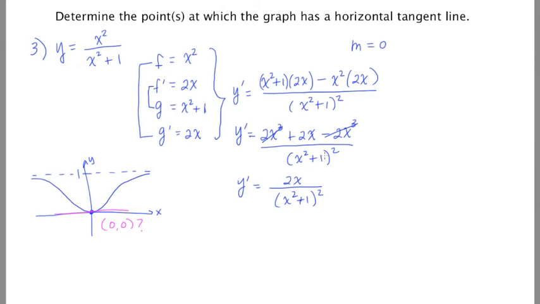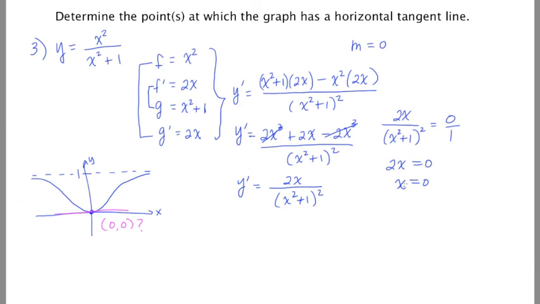And we want to know when that slope is going to be 0. So you're going to take that derivative, which is 2x over x squared plus 1 squared, and we're going to set it equal to 0, or in this case, 0 over 1. I cross multiply and I end up getting 2x is equal to 0, which means that x equals 0.